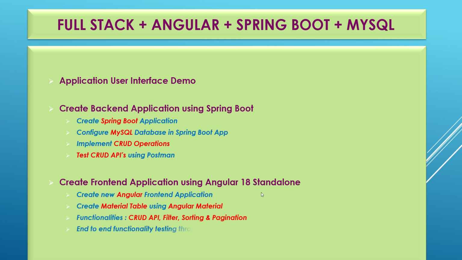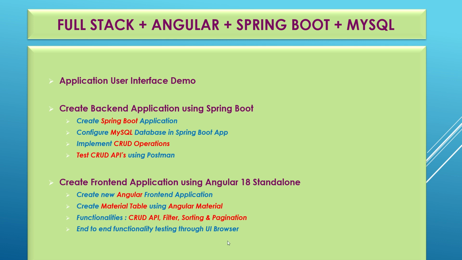On the front end side, we will create our Angular 18 standalone application using Angular ng new command, and we are going to create a material table using Angular material library. As a part of functionalities, we are going to implement CRUD APIs, filter, sorting, pagination alongside with CRUD APIs, and for that we are going to use material library.